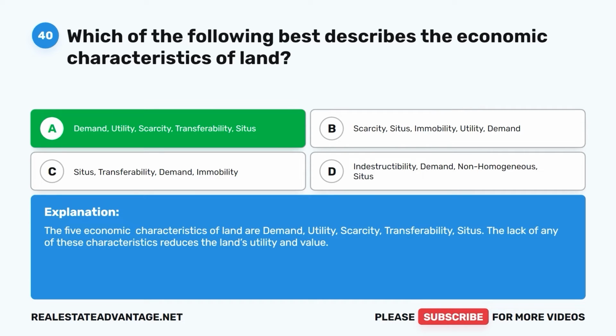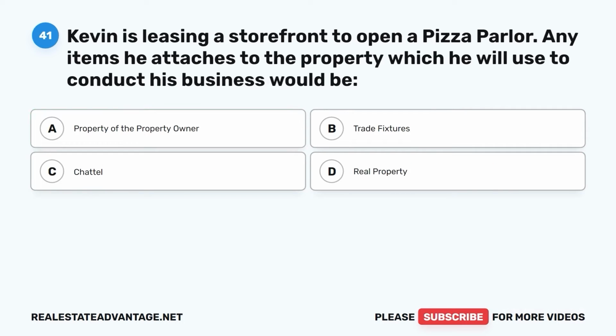The 5 economic characteristics of land are demand, utility, scarcity, transferability, situs. The lack of any of these characteristics reduces the land's utility and value. Question 41. Kevin is leasing a storefront to open a pizza parlor.